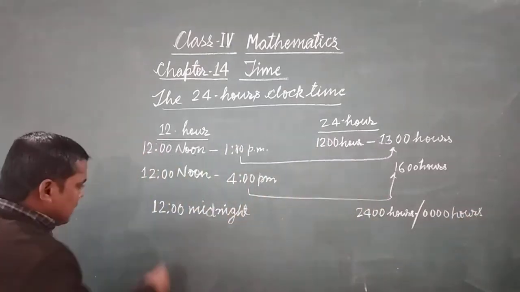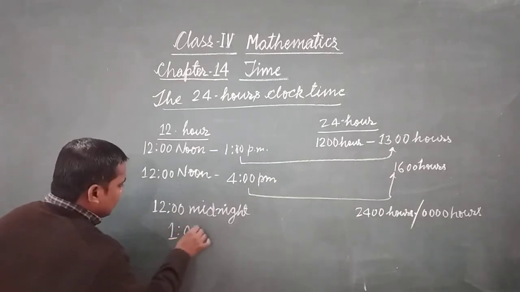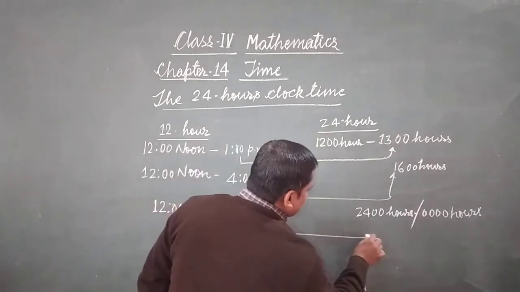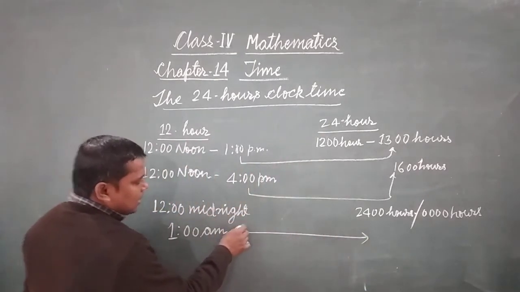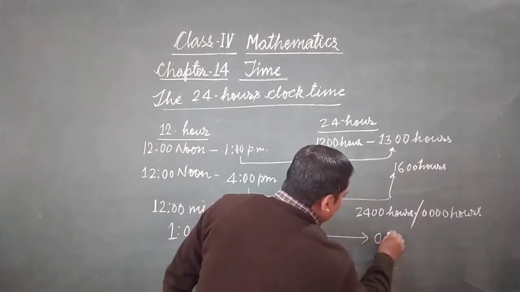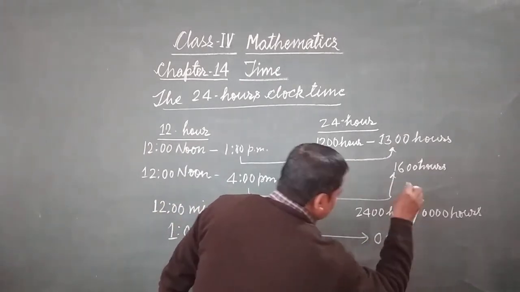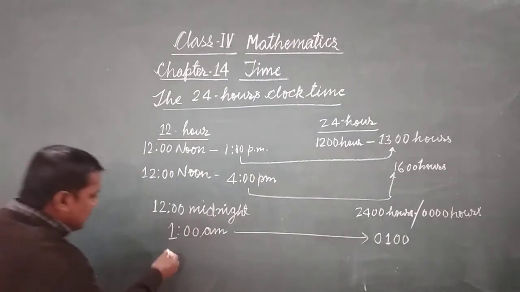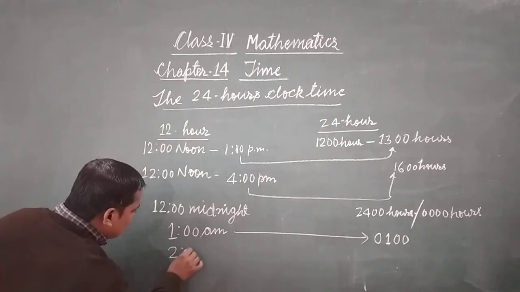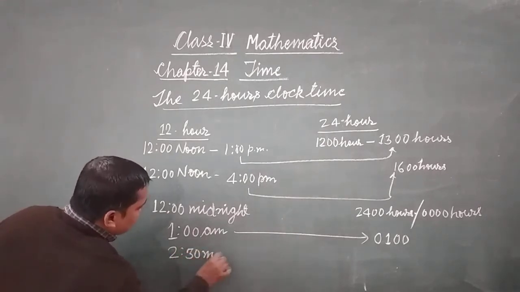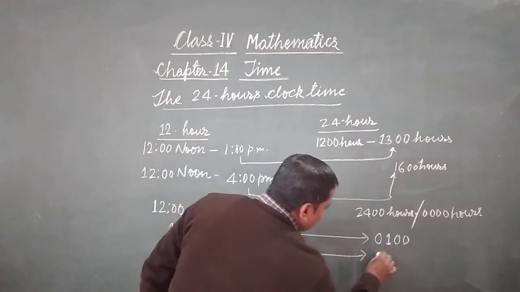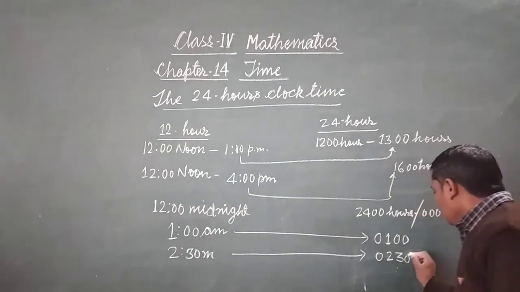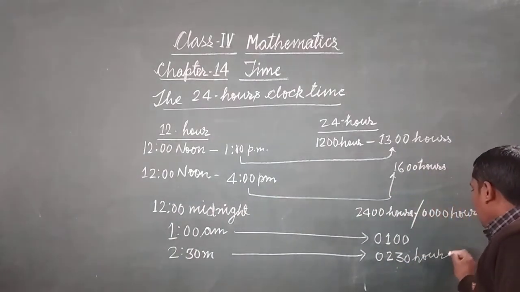From this, 1 a.m. will be 0100 hours. Suppose 2:30 a.m. is written, in 24-hour time format it will be 0230 hours.